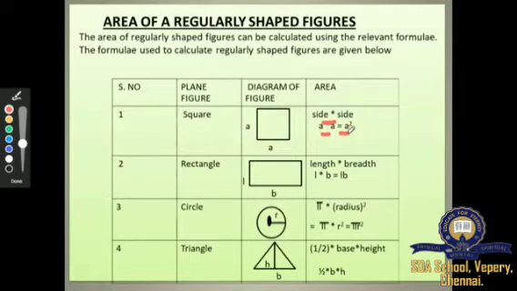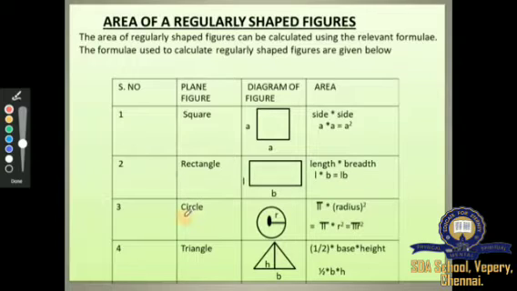So the area of a square is equal to A square. To find the area of a rectangle, we should multiply length into breadth. So area of rectangle is equal to L into B, which is nothing but length into breadth.